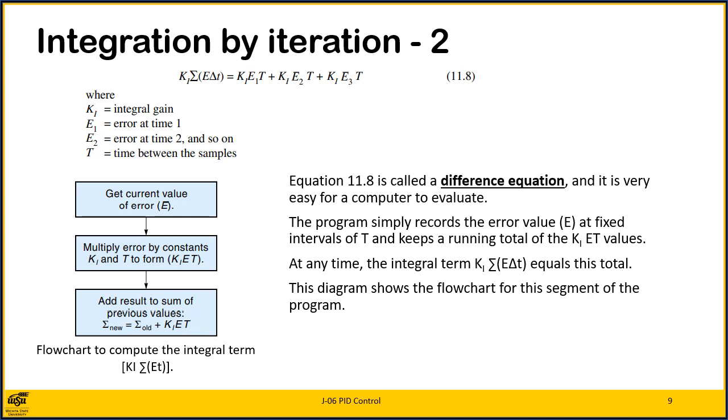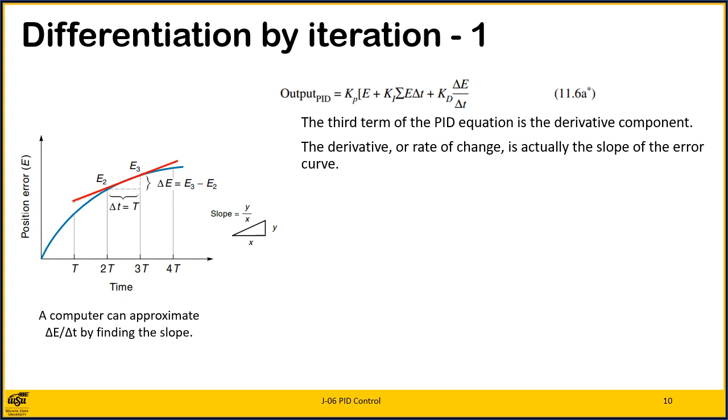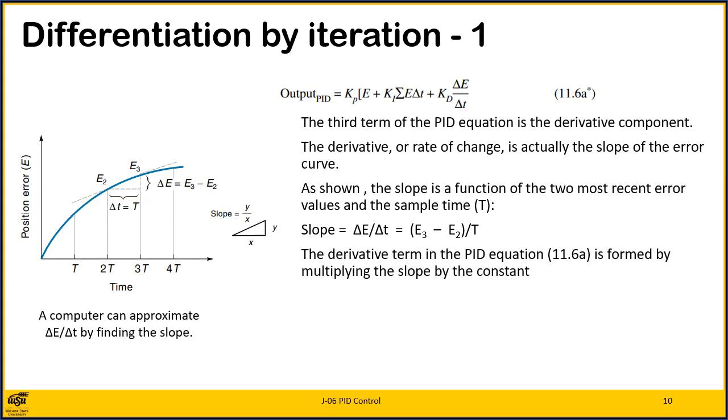The third term of the PID equation is the derivative component. The derivative, or rate of change, is actually the slope of the error curve. As shown, the slope is a function of the two most recent error values and the sample time T. Slope is equal to delta E over delta T, which is equal to E3 minus E2 divided by T. The derivative term in the PID equation 11.6a is formed by multiplying the slope by the constant Kd.